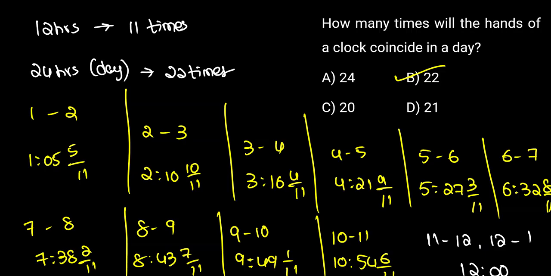I'm not telling tomorrow 8 a.m., tomorrow 2 a.m. Today 8 a.m. to tomorrow 2 a.m., how many times will the hands coincide?